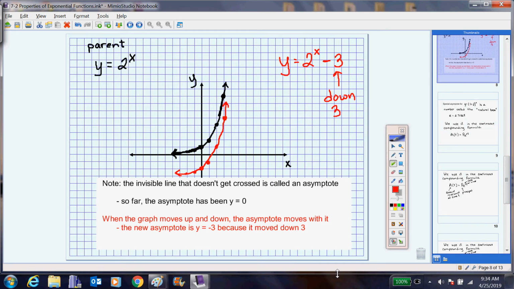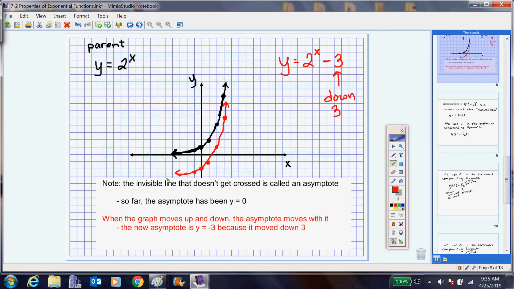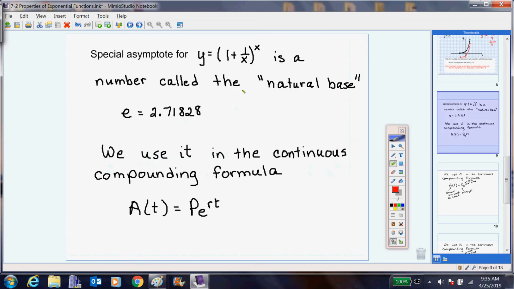Now, in the interest of being able to get to what we also need to get to, if we were to take this concept and work with it, what we would find is that asymptote, that base line, if we had this crazy formula right here, y equals 1 plus 1 over x to the x power, you would find that it bottoms out at a number called the natural base, and this e is called E. It's a very special number.